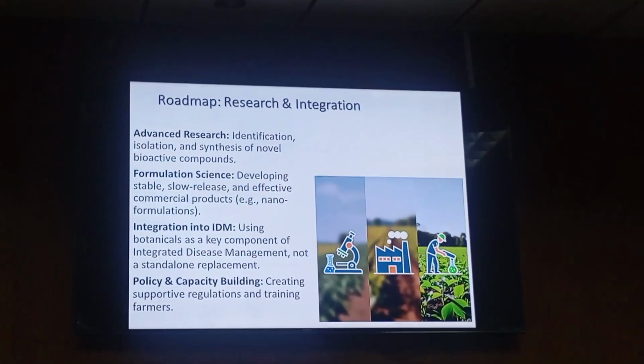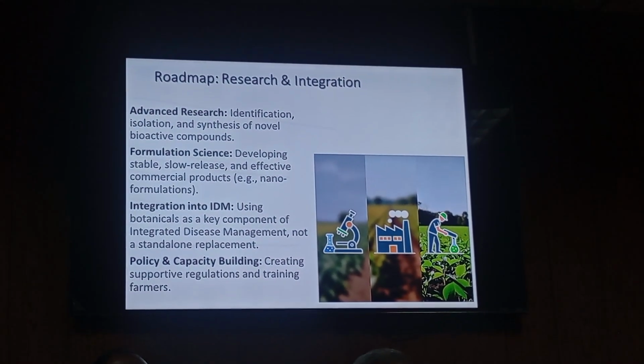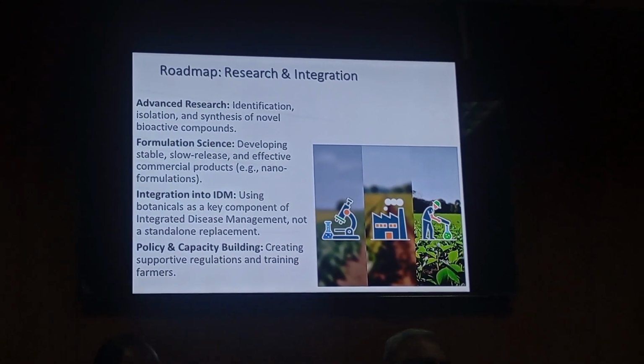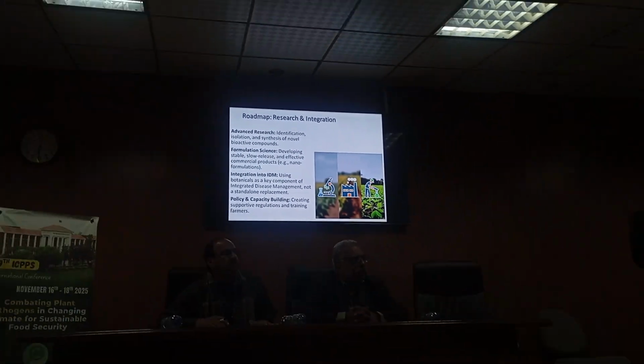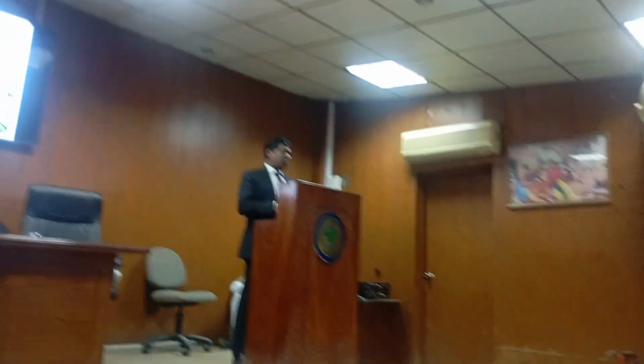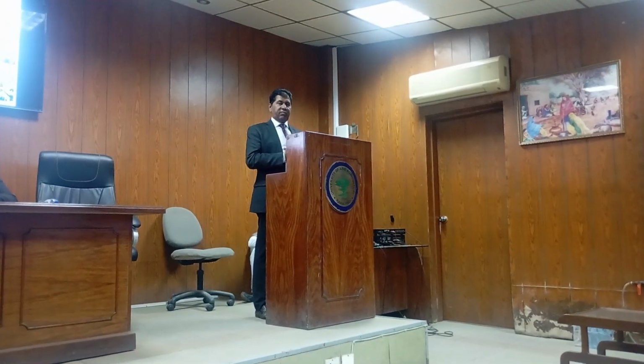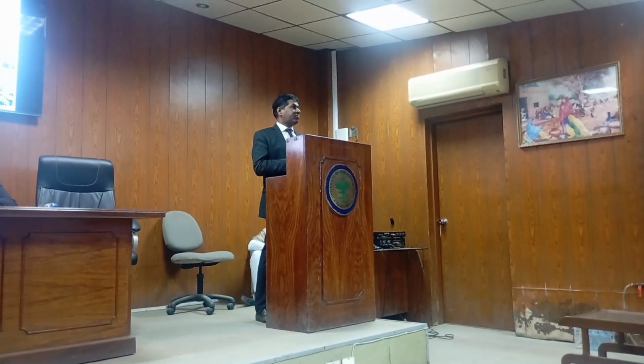So what is the roadmap for this purpose? Need further research and integration. We need identification, isolation, and synthesis of various phytochemicals and compounds. Then formulation science, definitely we need formulation in a way that can be effective.